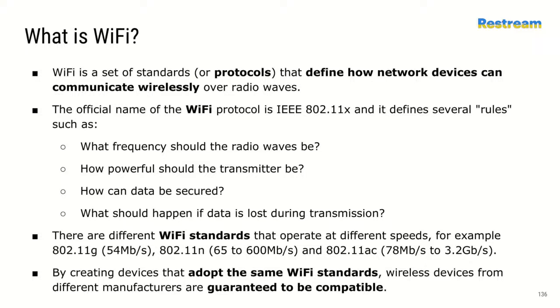Now it's the opposite of Ethernet. Ethernet is a set of standards that define how network devices can communicate over wired connections. So Wi-Fi is for wireless over radio waves.